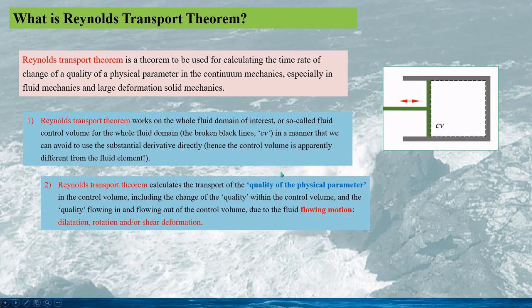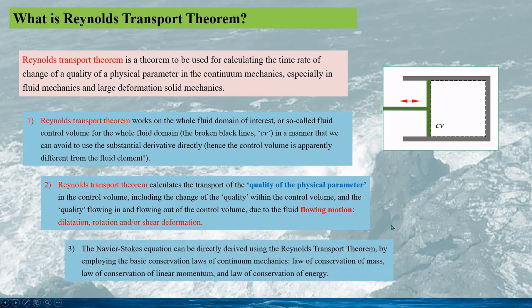Reynolds transport theorem calculates the transport of the quantity of a physical parameter using the control volume. This includes the change of the quantity within the control volume and the quantity flowed in and flowed out of the control volume due to the fluid flowing motion, such as dilatation, rotation, or shear deformation.